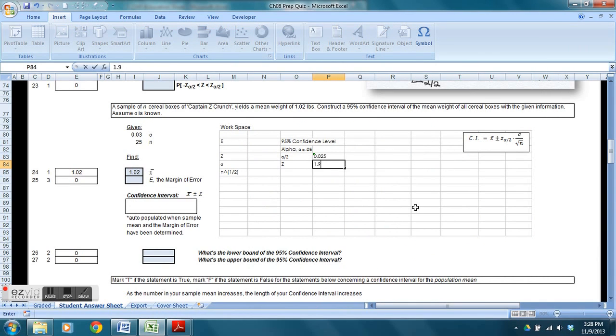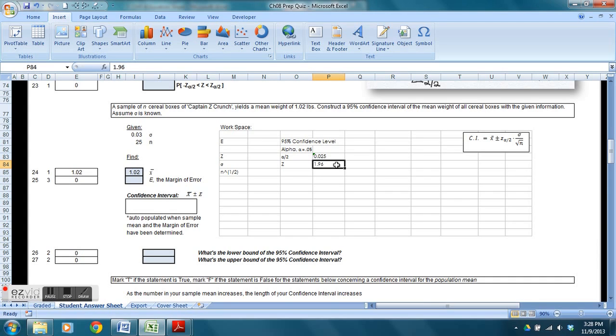So, you don't need the positive or negative. Since you're plussing or minusing anyway, it's like multiplying by a factor of positive 1 or by a factor of negative 1, so it doesn't matter. When you see a notation of z to the 0.025 as a subscript, that represents the positive value of z, so that would be the positive 1.96.